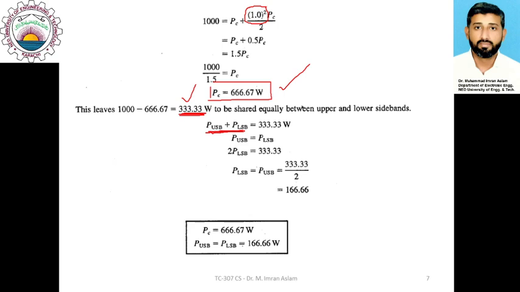The combined power of these upper and lower sidebands would be equal to 333.33 watt. But we know that the upper sideband and lower sideband powers are equal, so each would be 333 by 2, which is equal to 166.66 watt. So three power components are given here. The carrier power would be equal to 666 watt. Upper sideband and lower sideband each will contain 166.66 watts.